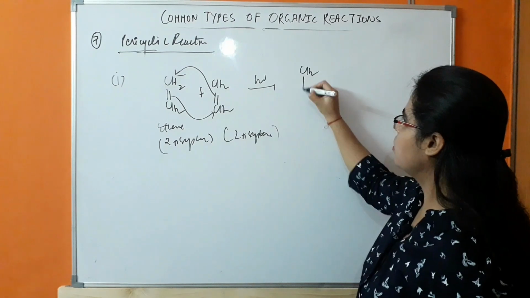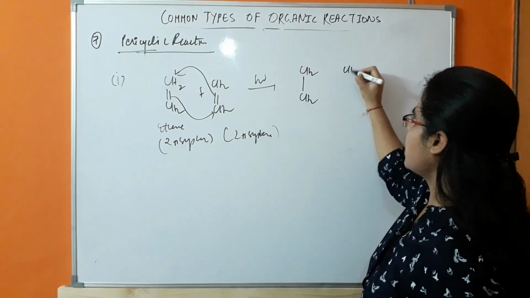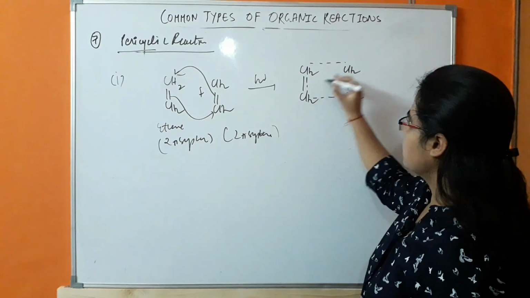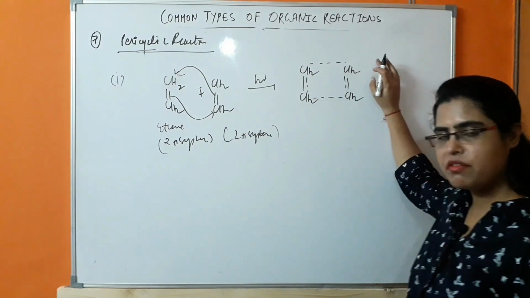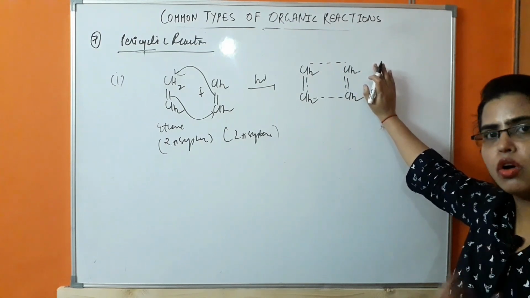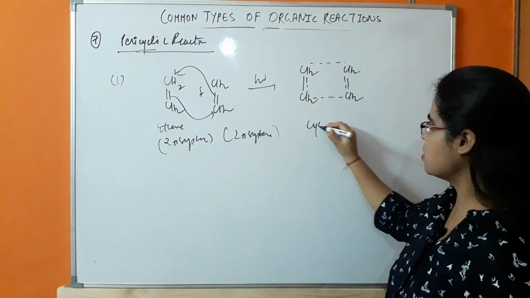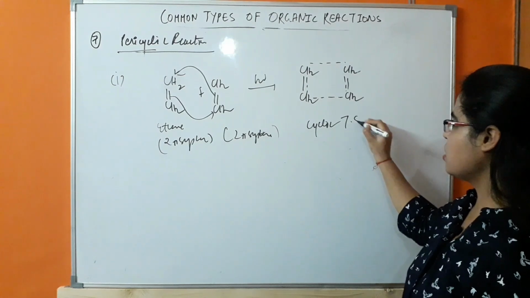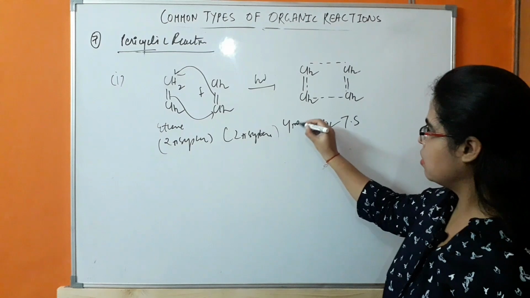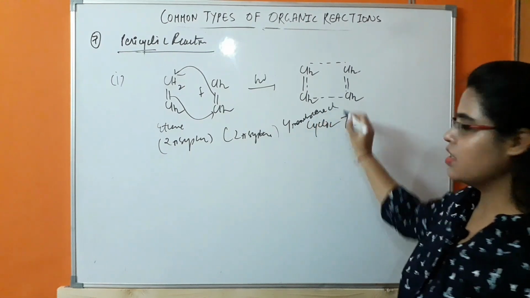So a cyclic transition state will be formed. This bond, which is shown by a faded line, shows that these bonds are longer than a normal covalent bond. So this is a cyclic transition state. This is a 4-membered cyclic transition state.